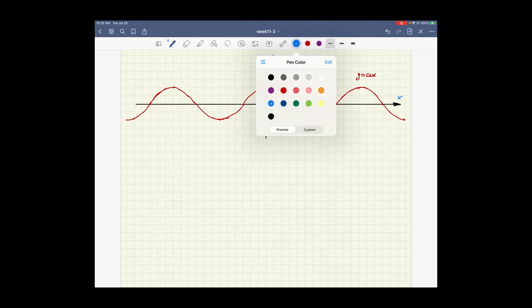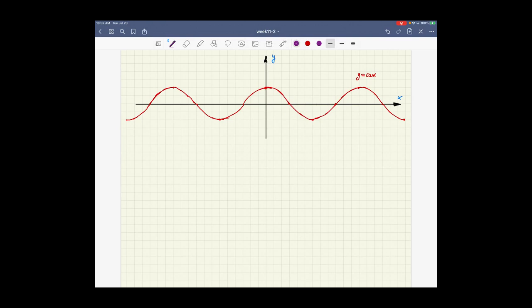If we again consider the line y equals 1/2, we see that it intersects the graph of cosine x at infinitely many points, at pi over 3 and at negative pi over 3.